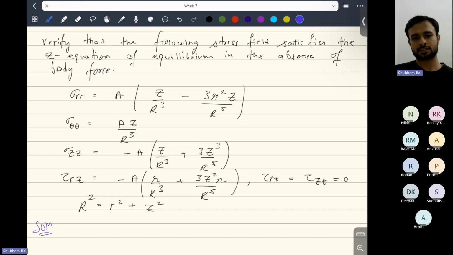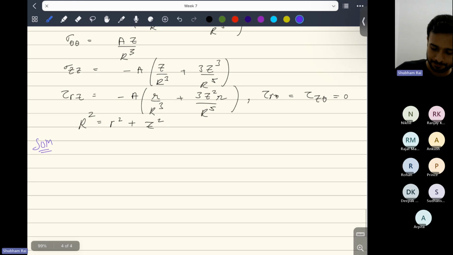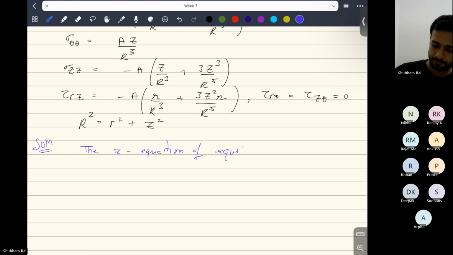Firstly, I'm writing the stress equilibrium equation in the Z direction, the Z equation of equilibrium in the cylindrical coordinate system.